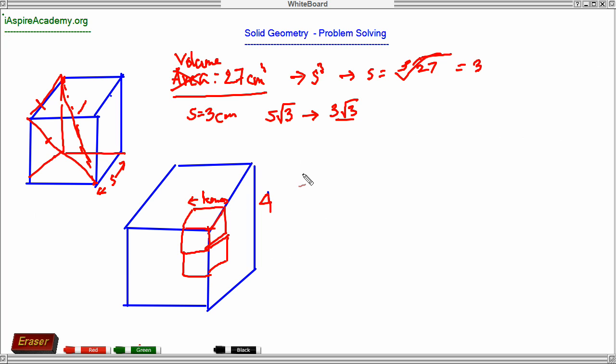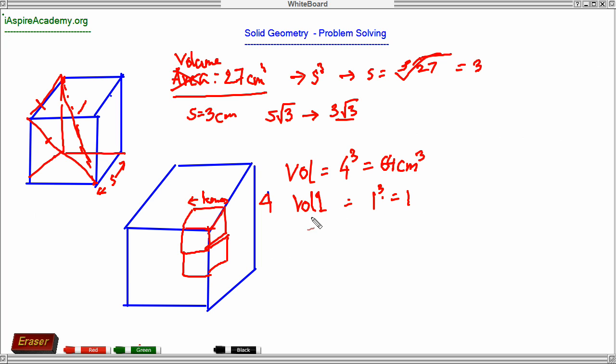Now one way to solve the problem is through just volume. So the volume of the bigger cube is 4 cube, equal to 64 centimeter cube. This is the volume of the bigger cube, and the volume of the smaller cube, which is 1 centimeter, is 1 cube, equals 1.